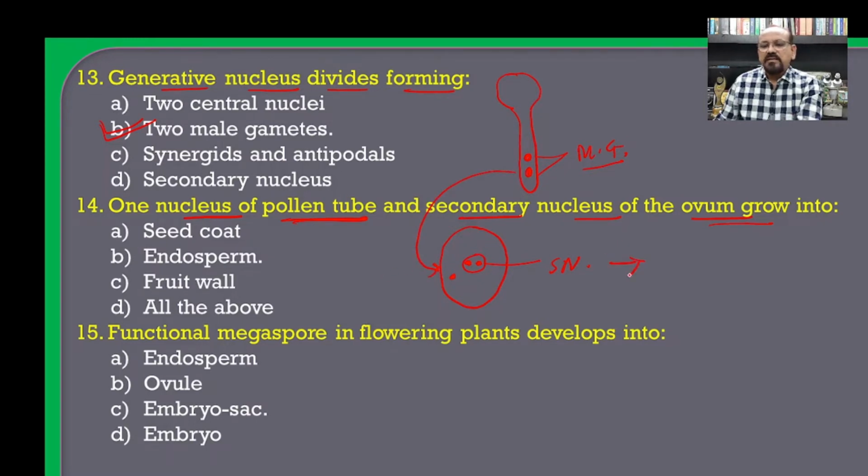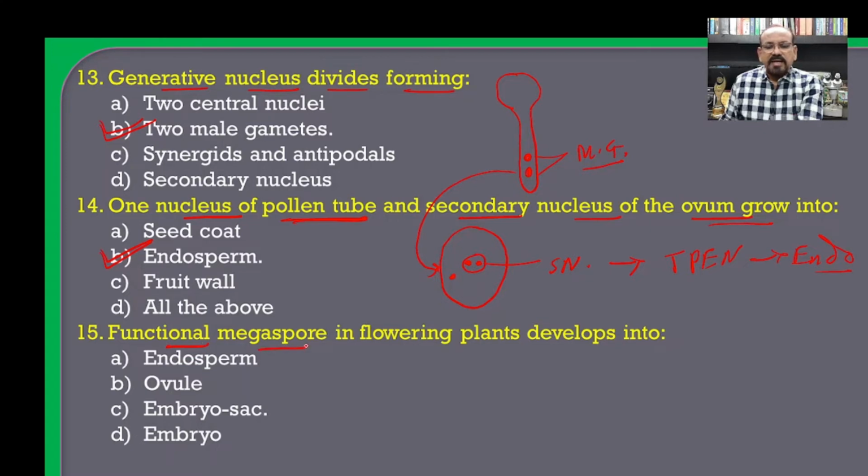So in this way, there is formation of triploid primary endosperm nucleus, which develops into the endosperm. It means that here there is formation of endosperm when one nucleus of the pollen tube and the secondary nucleus of the ovum grow into it.